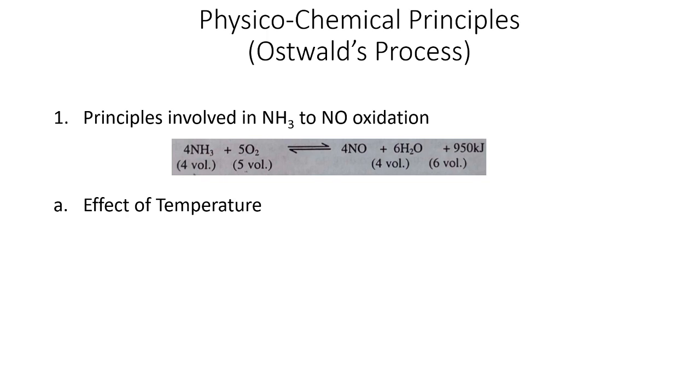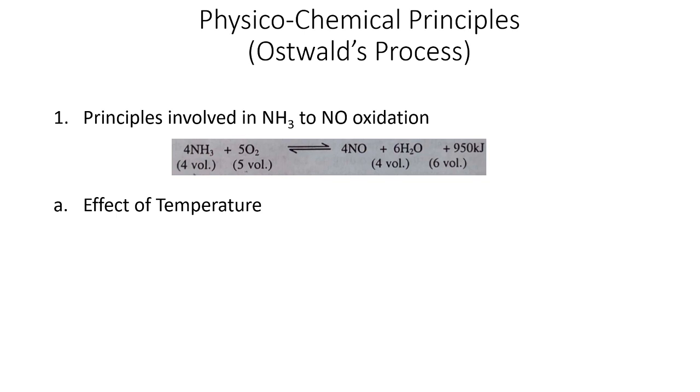So under that, the first physicochemical principle for this step that we are going to discuss is the effect of temperature. Now you know this reaction is an exothermic reaction. So what happens? A lot of heat is evolved. So what happens if we change the temperature?